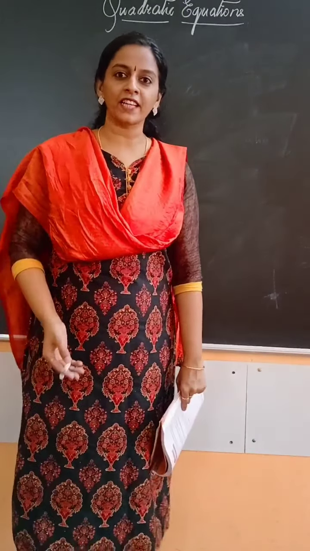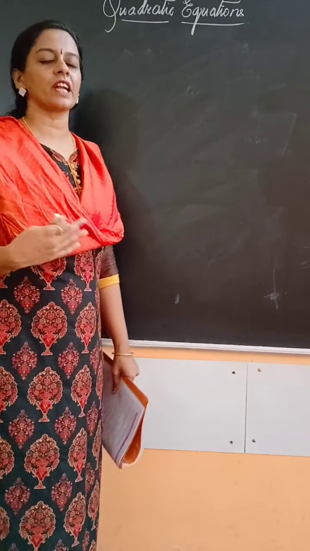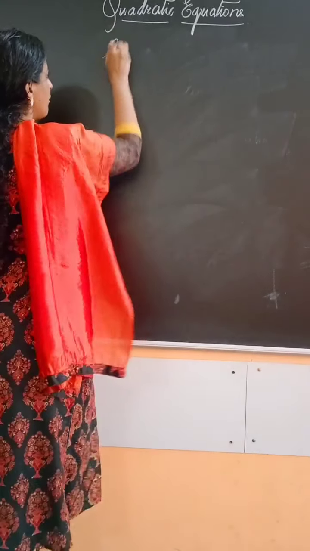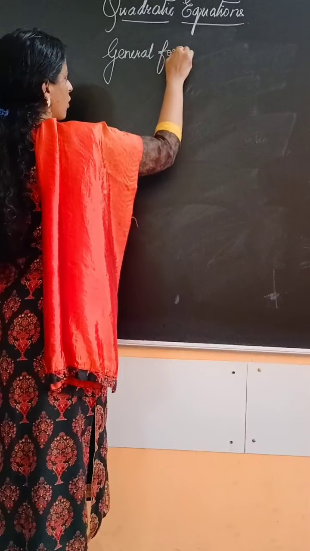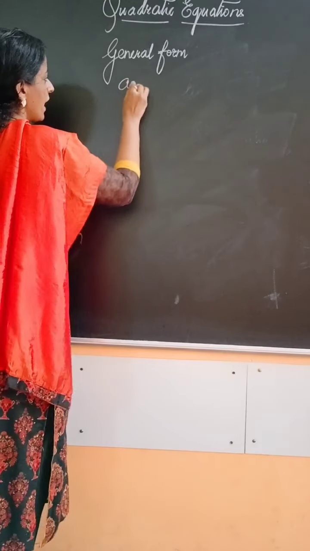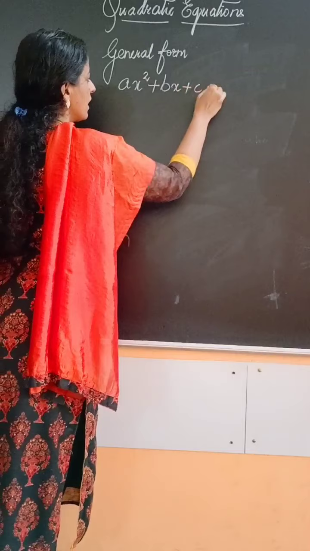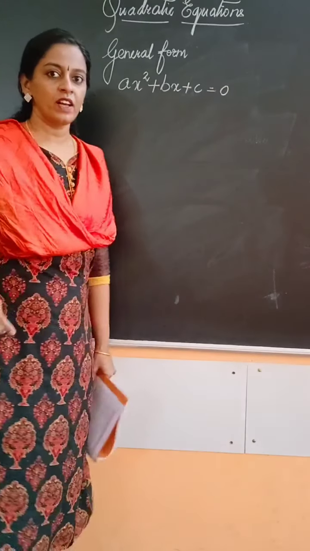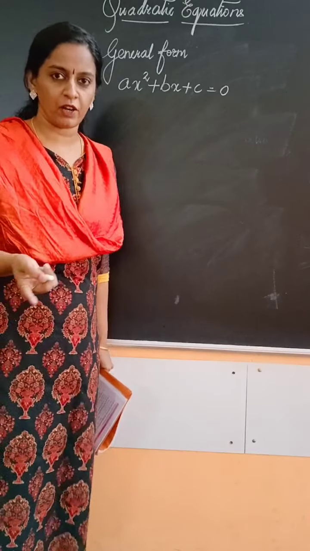Before we get into practice set 2.1, let us first write down the general form of a quadratic equation. The general form of a quadratic equation is ax squared plus bx plus c is equal to 0. Linear equation you remember; now this is the general form of a quadratic equation.